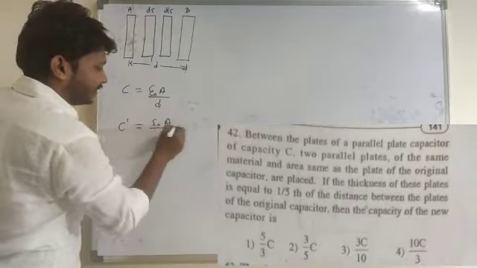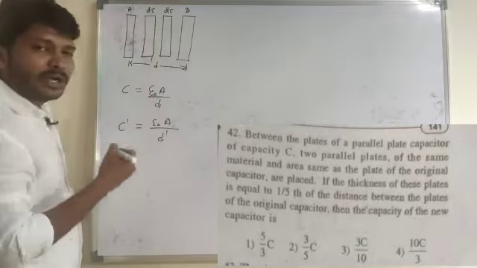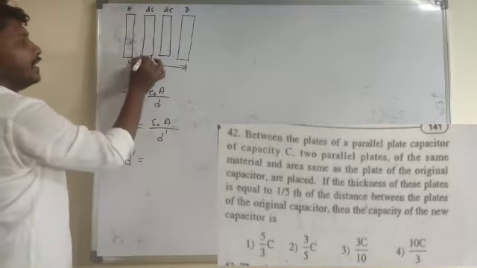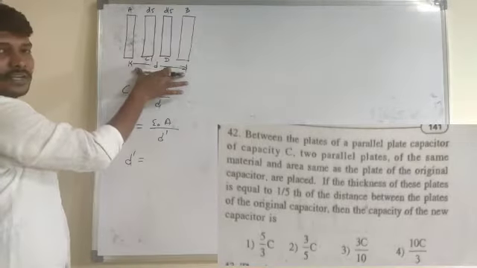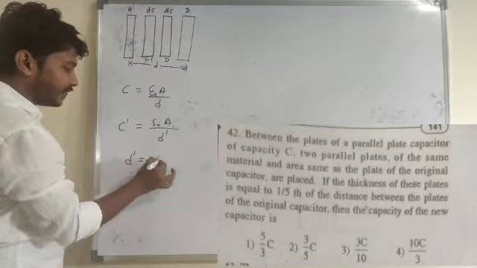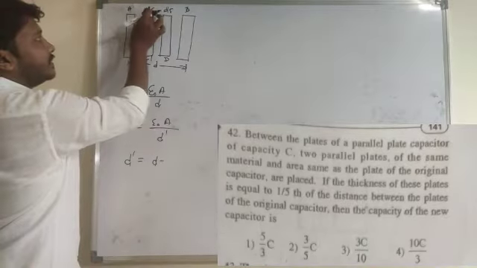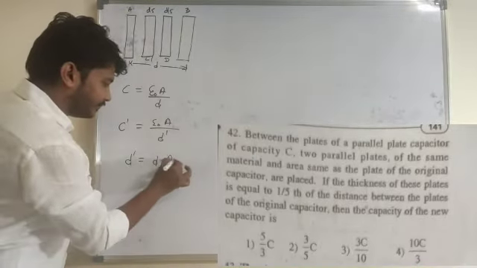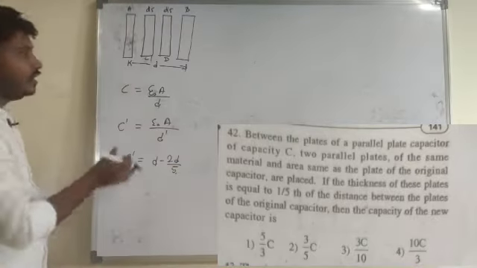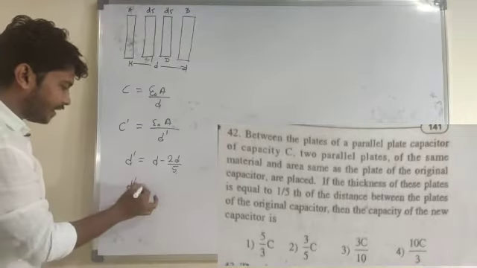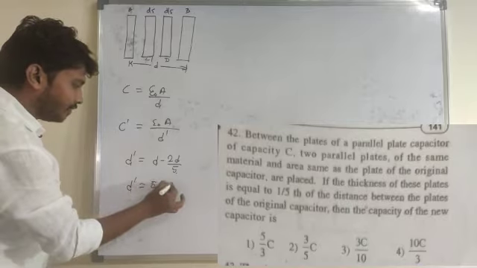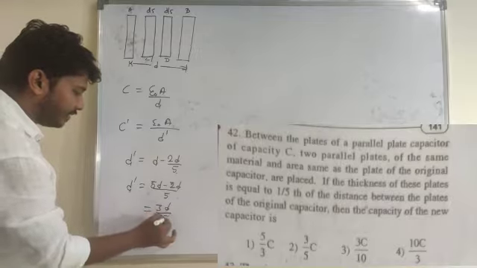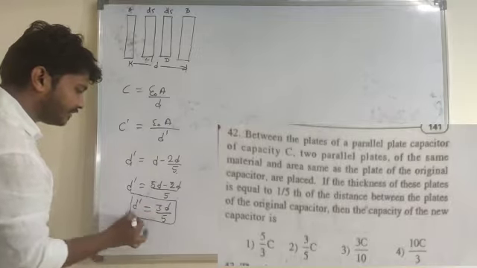Epsilon naught into A, same area, divided by D dash. D dash after introducing plates C and D: the initial distance is D, so D dash is equal to D minus D by 5 plus D by 5, that is 2D by 5. Did you get my point? So the new distance will be 5D minus 2D divided by 5, 3D by 5.